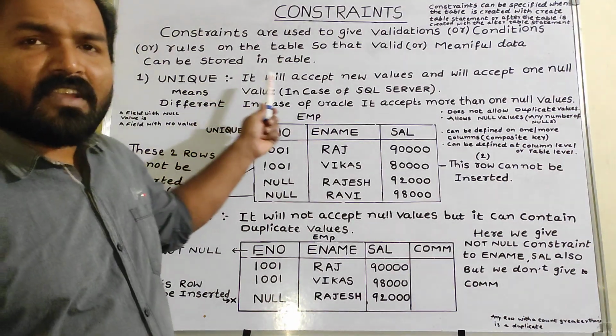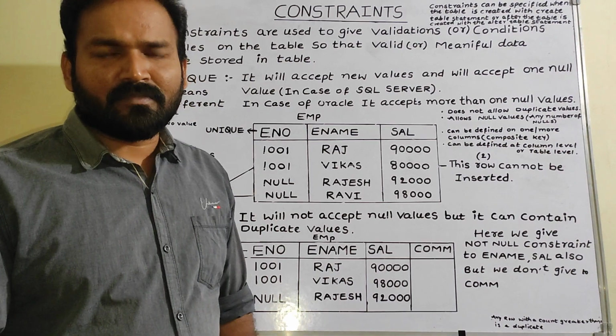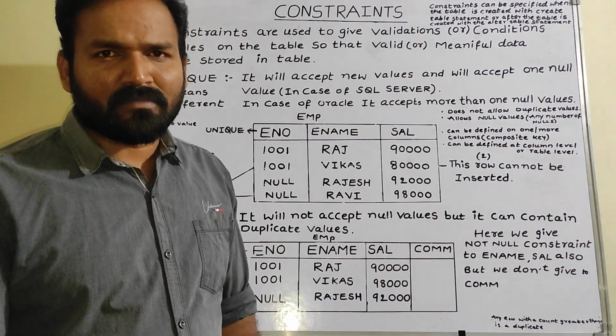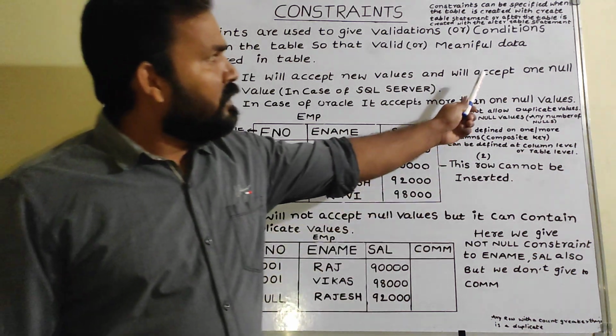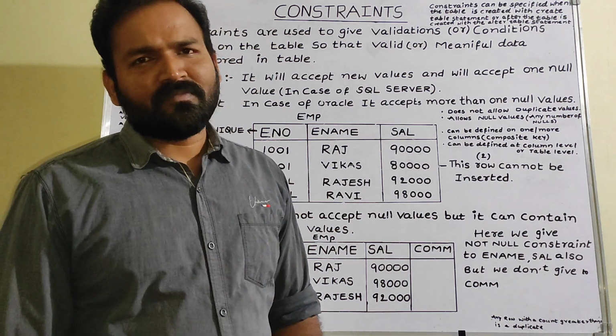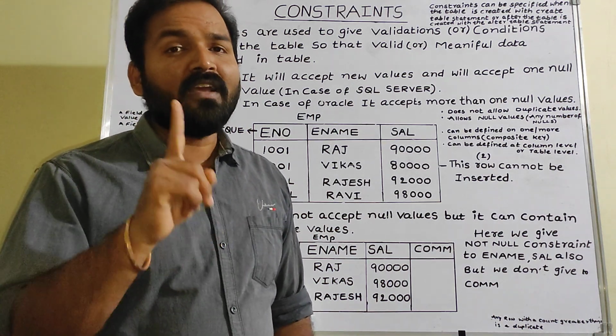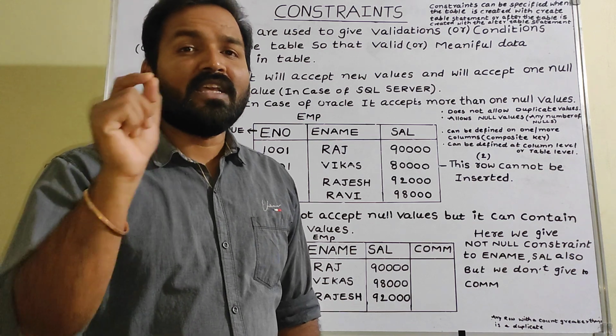Unique constraint will accept only unique values, new values, different values, and it will accept one null value in case of SQL Server.